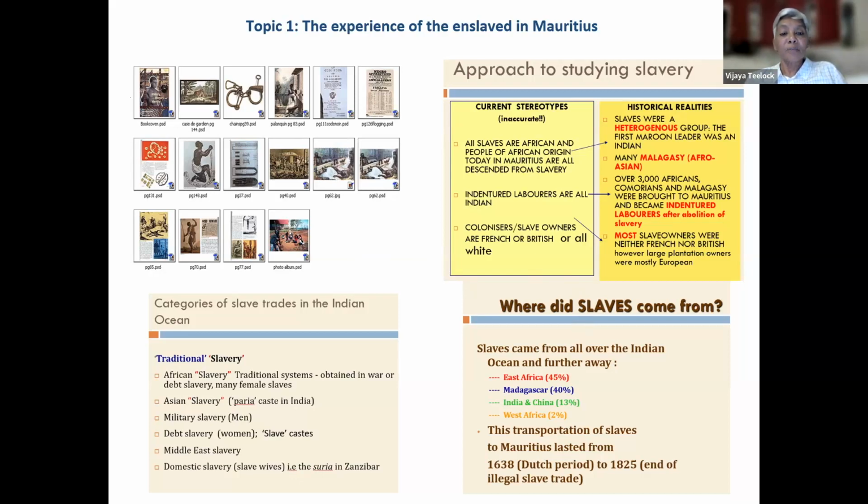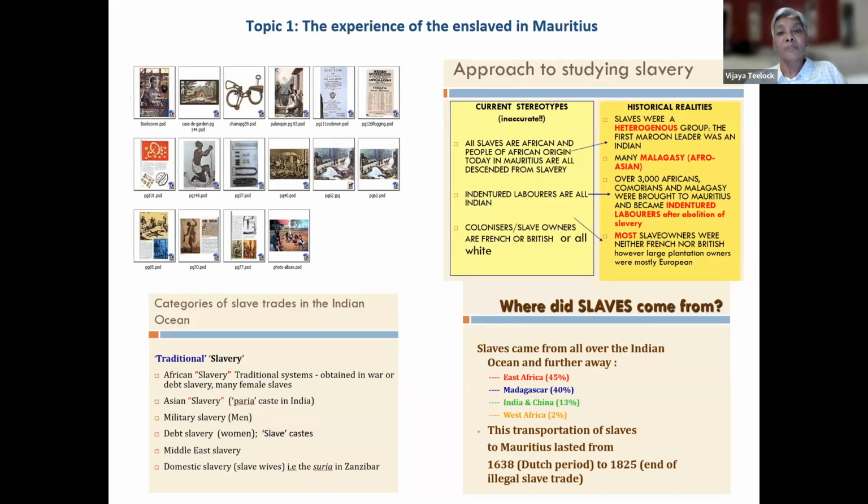Richard has also talked about the categories of slaveries in the Indian Ocean. And again, it's important at the very outset to know that Mauritius was an uninhabited island, as were La Réunion, Rodrigues and Seychelles. And so we have never had pre-slavery periods.